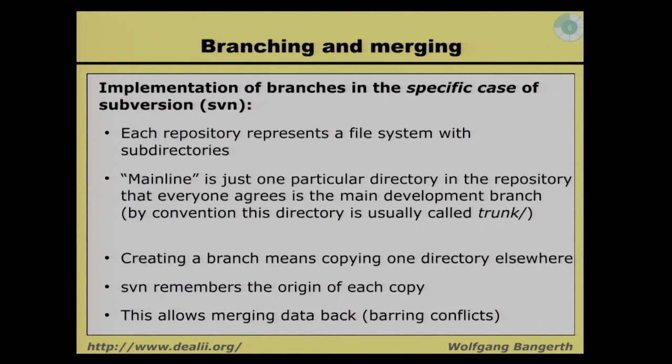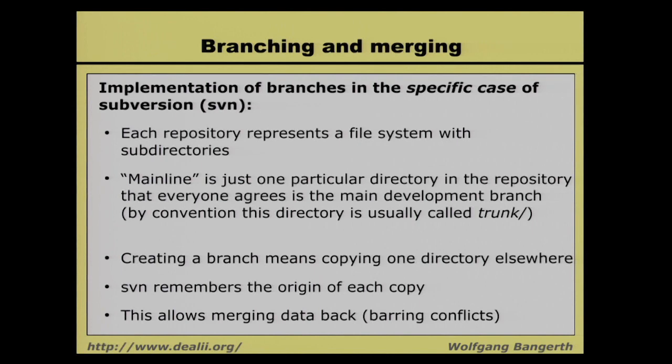In the specific case of Subversion, and that is specific to Subversion, it has nothing to do with version control systems in general, Subversion essentially considers every repository like a file system. So you can think of this as, let's say, like Dropbox. It is a central repository that provides a file system with subdirectories and so on and so forth.